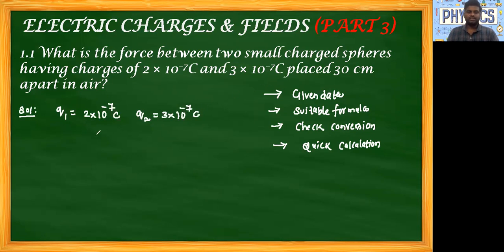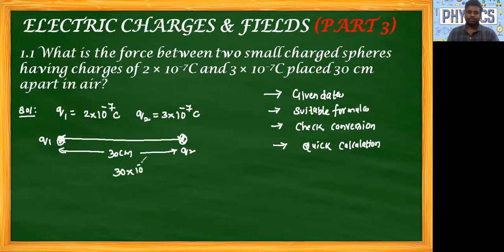These two charges are separated by a distance of 30 centimeter. Is there any conversion? Yes. 30 centimeter is converted into meter: 30 into 10 to the power of minus 2 meter.